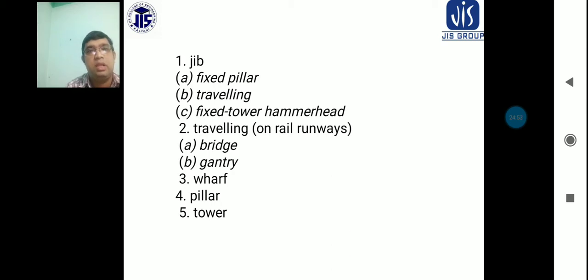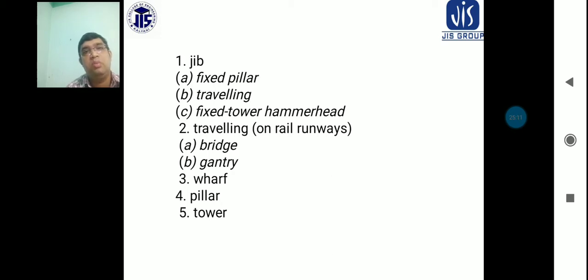Another is the crane traveling on a rail runway. Basically, this is used on railway tracks for the movement of different railway materials.